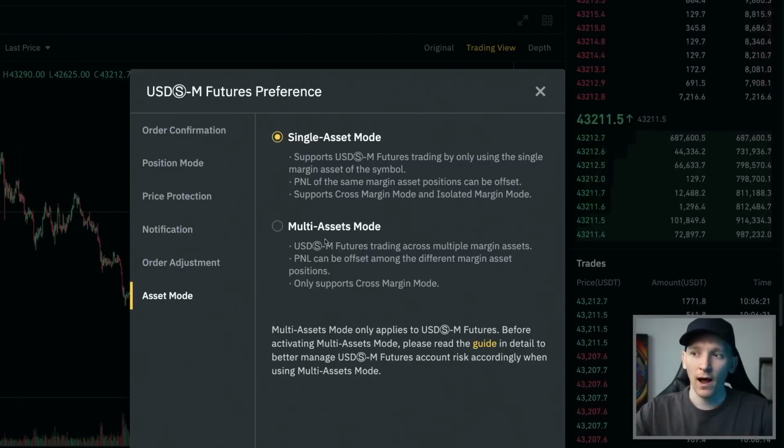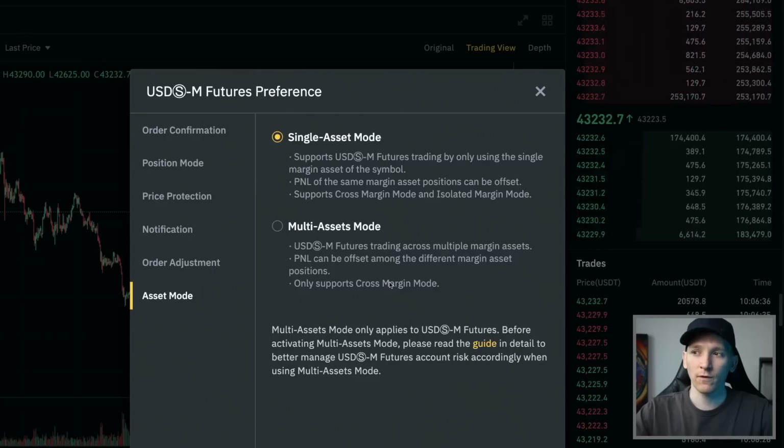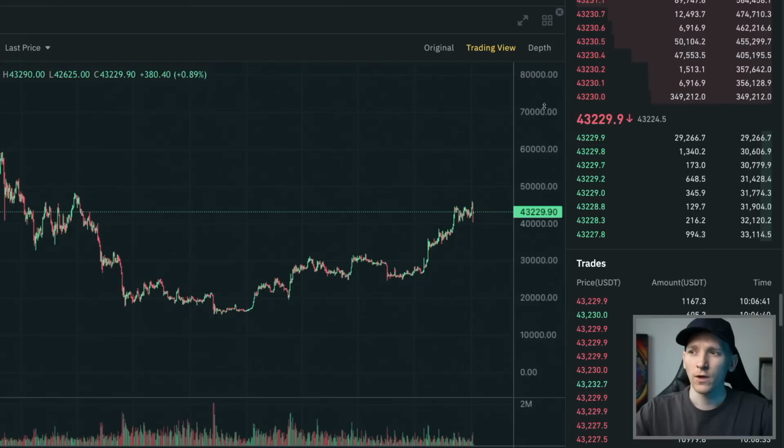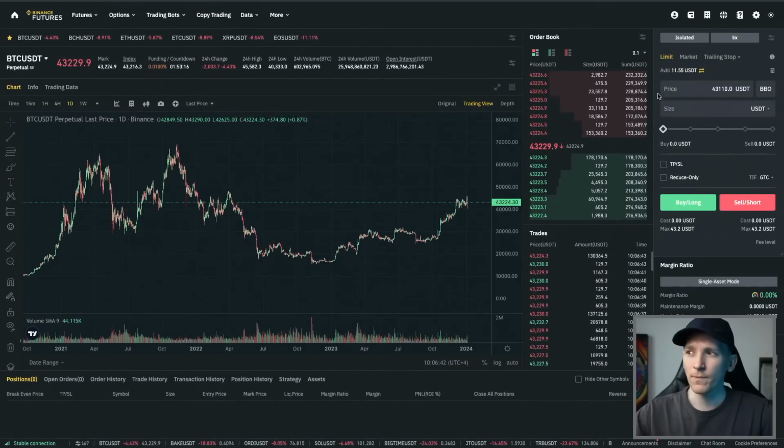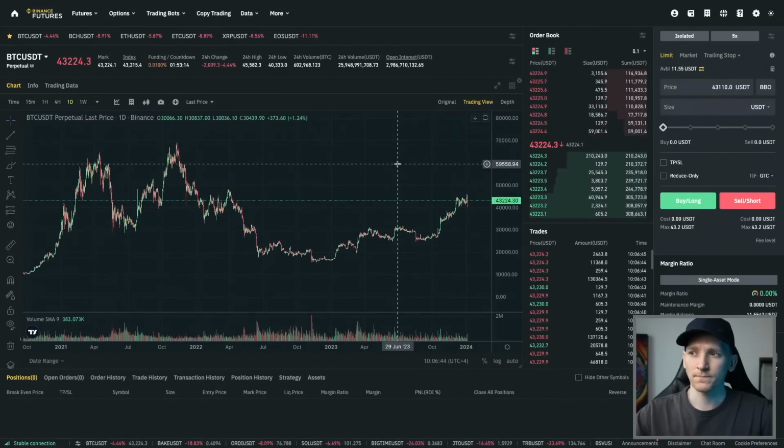Now, what's important here is that if you want to use this one, you have to go into cross margin mode. This is how you fund the different trades that you actually have. If you want to use different types of assets to fund your trades, you have to use cross margin mode. If you're using a single asset, US dollar tether, you can use isolated margin mode. Up here, you can choose between them.